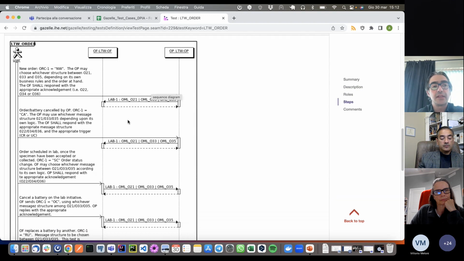So the fact that the messages sent by one vendor to the other are compliant with the IHE profile and transactions that we are testing, and also a kind of evaluation at the vendor's desk in relation to the information that their systems and their graphical interfaces receive from one side to the other.